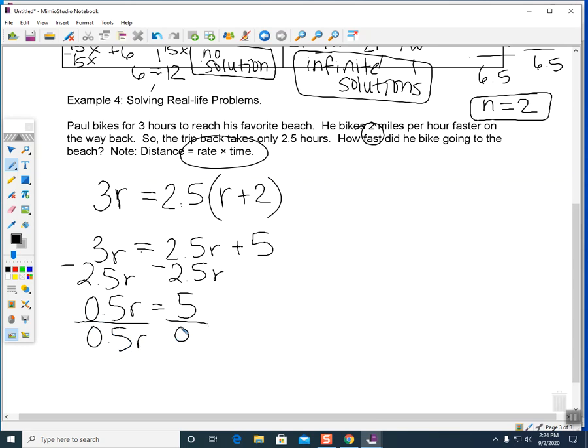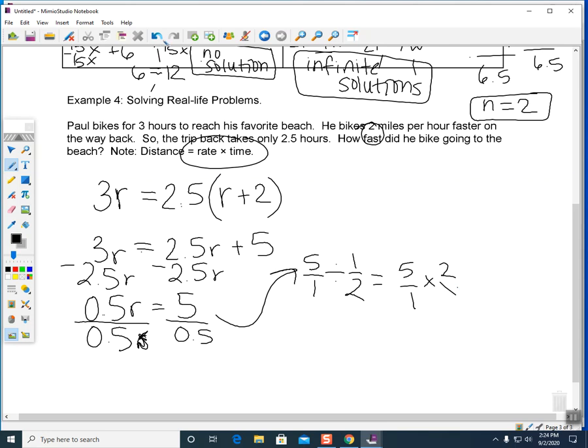Because I'm undoing my multiplication. Now, when I do, well, just 1/2, not the r, right? When I do 5 divided by 1/2, I've got 5 over 1 divided by 1 over 2, right? And so I can apply my reciprocal to this. So that's going to equal 5 over 1 times 2 over 1.